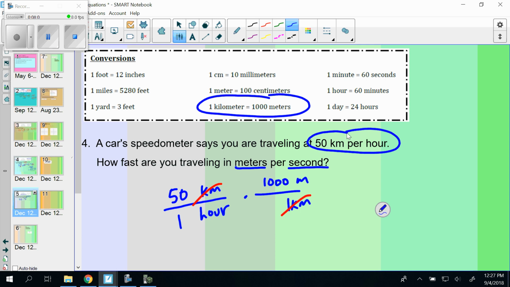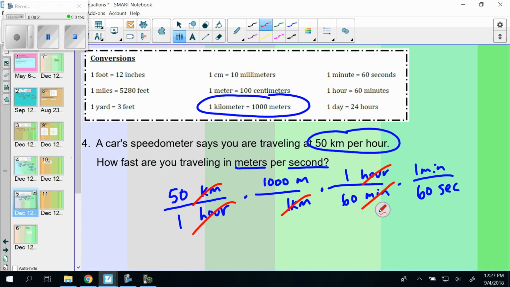Now we should be into meters per hour, but now we've got to get to seconds. So we've got a couple more conversions here. We know 1 hour is the same as 60 minutes. We can get rid of our hours, and our last one we need then is 1 minute equals 60 seconds. Again, putting it so that you always have 1 on bottom that cancels with 1 on top.